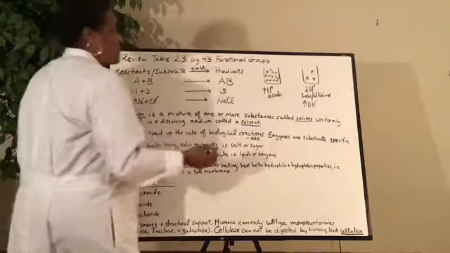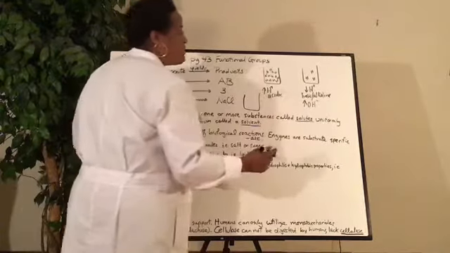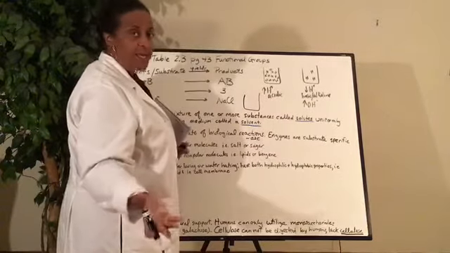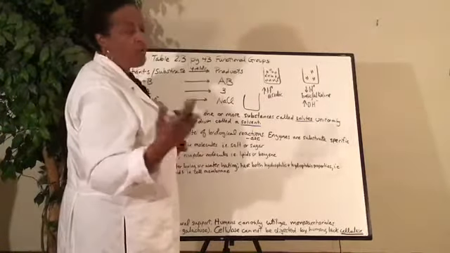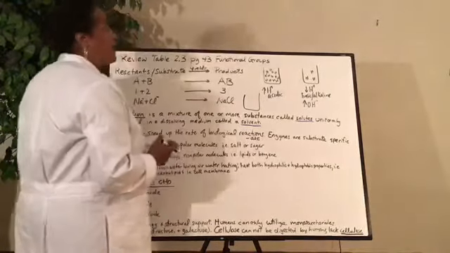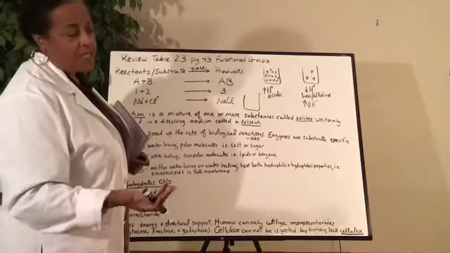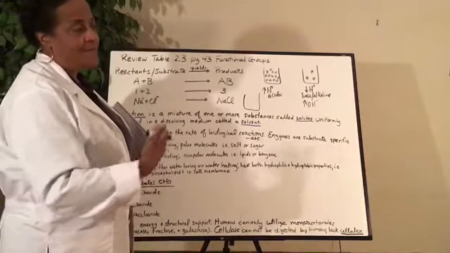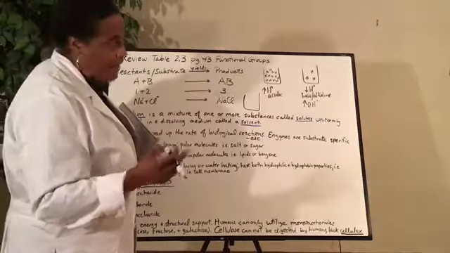Okay, so let me just draw another beaker here. So they have you urinate in a cup, then they check it. You can always check it to see how hydrated you are, or you can check urine for a lot of things, not just a drug test, but a lot of other things.